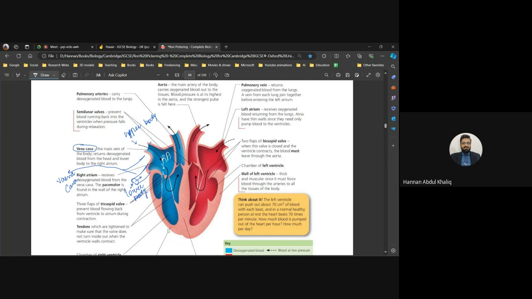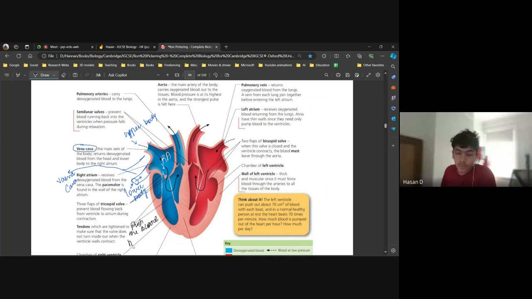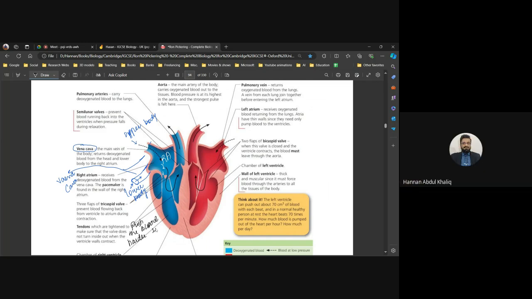Now, the right ventricle has more muscles, a larger one, so it would push the blood harder than the right atrium, and the blood would be moved out.